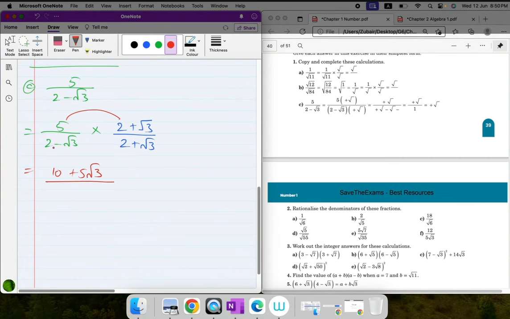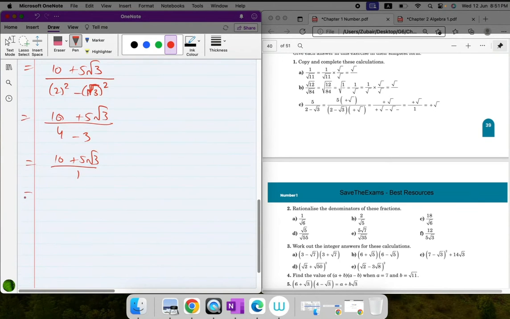And in the denominator, this is (a minus b) into (a plus b), that will be a square minus b square. So the square is helping us get rid of that root. So 10 plus 5 square root 3 divided by 2 square, which is 4 minus 3, so 10 plus 5 square root 3 over 1.